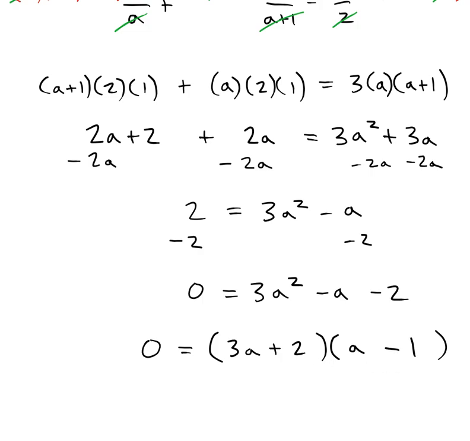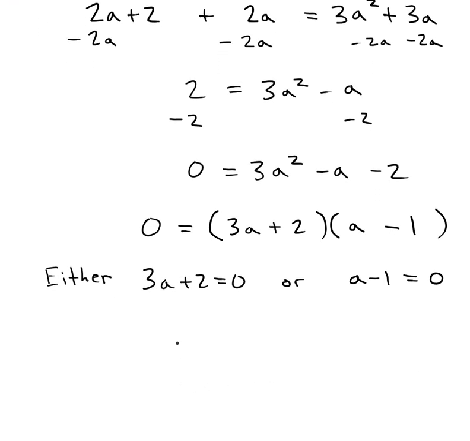That works perfectly. Now we use the zero factor law. Since the product of these factors is 0, it must be that either 3a plus 2 is 0 or a minus 1 is 0. We can solve here. a could be -2/3, or a is 1.